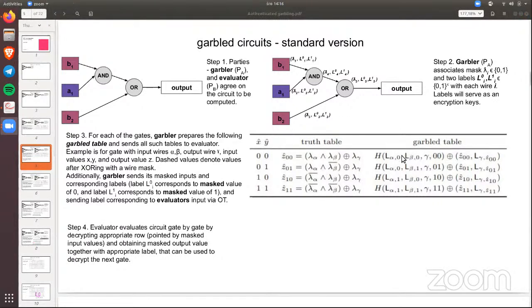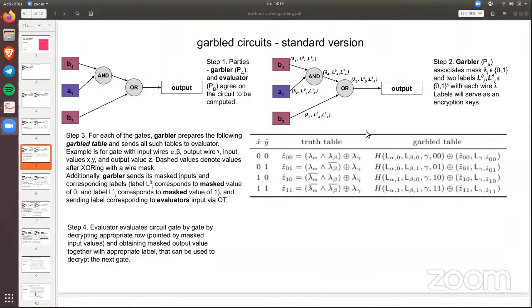So now, after this thing is prepared, the evaluator gets the tables for each of the gates in the whole circuit. So now the evaluator is able to actually evaluate it in this garbled form.